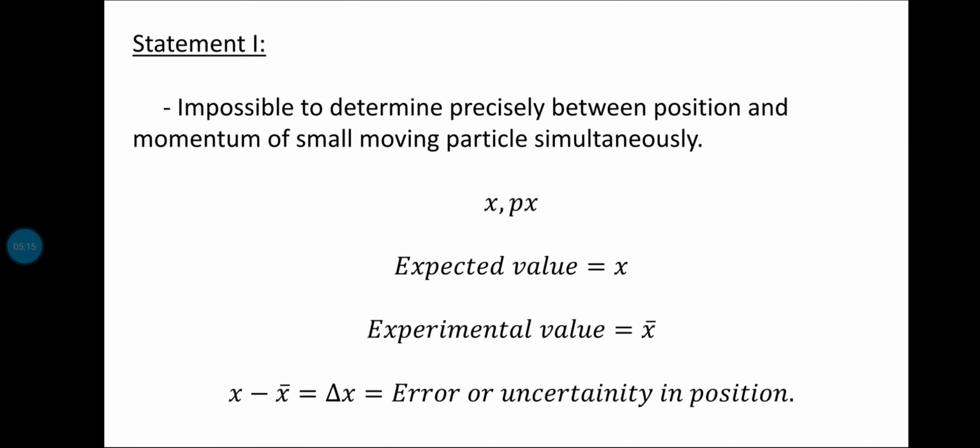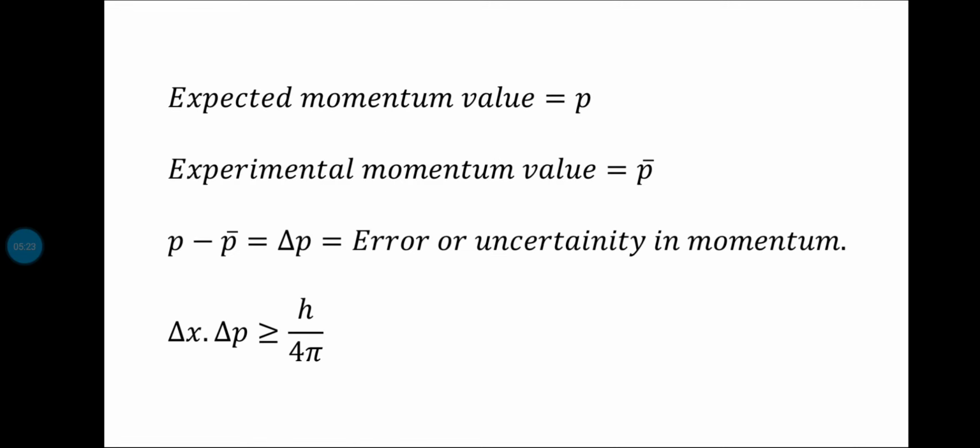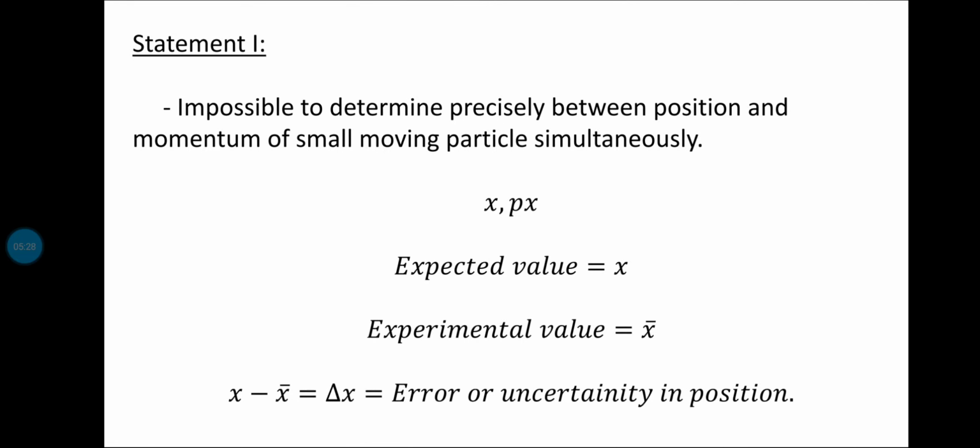The difference between the two values is known as delta x. Delta x represents the error in the determination of position, or I can say that delta x is known as uncertainty in position.